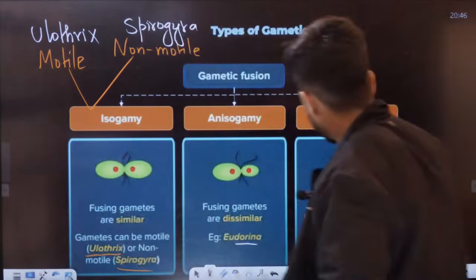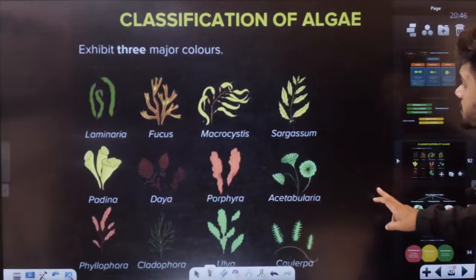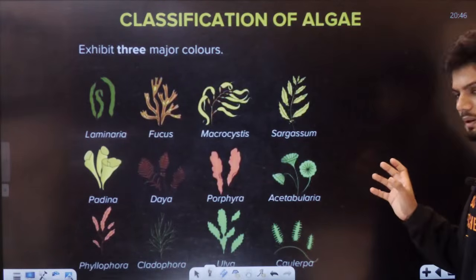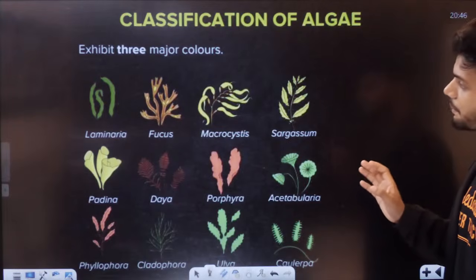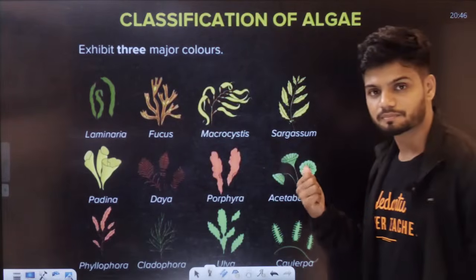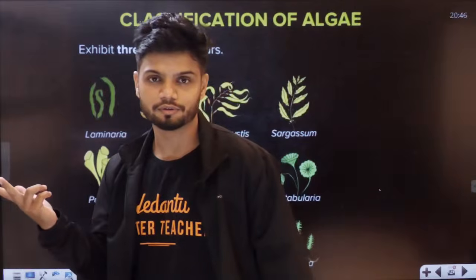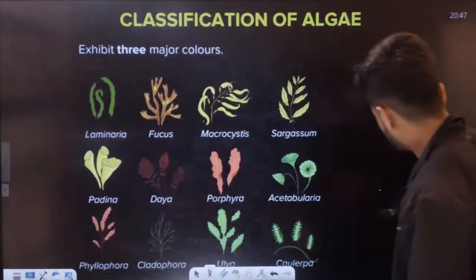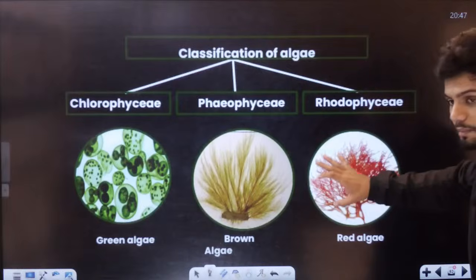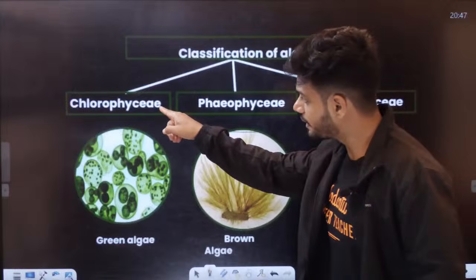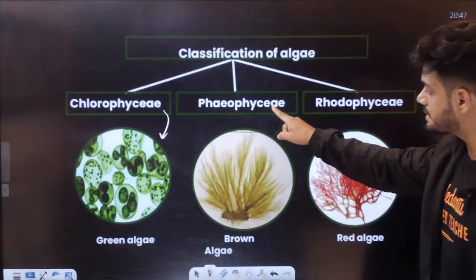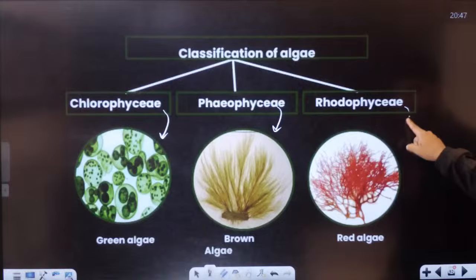Pigment. That is going to be the pigment, students. There are three main pigments, some of which are not given in your NCERT. The three major pigments are red, green, and brown. Based on the pigment, there are three different names: Chlorophyceae is green, Phaeophyceae is brown, and Rhodophyceae is red.